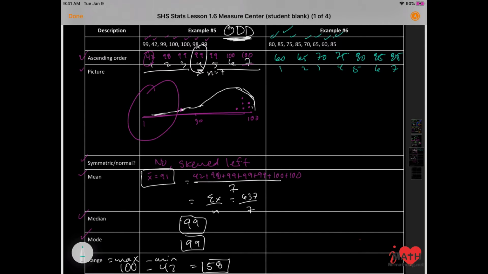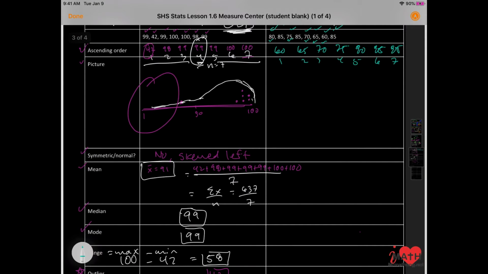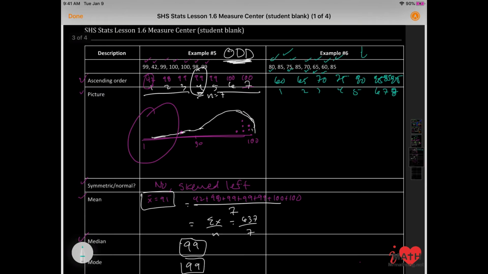I'm missing a number. 60, 65, 70, 75, 80, and then 85 3 times. Okay, so I picked that example because it is an even number of values.